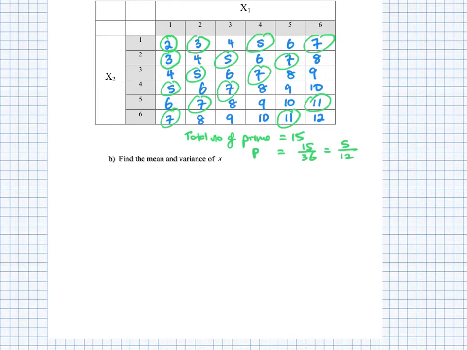Okay, X has a geometric distribution with probability of success 5 over 12. So we are asked to find the mean and variance. So E of X is equal to 1 over p. So that will be 1 divided by 5 over 12. And what would that be? Let's just bring out the calculator now.